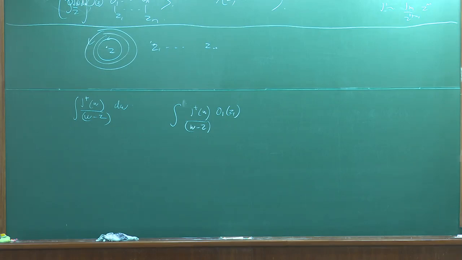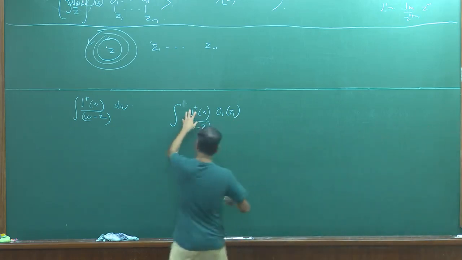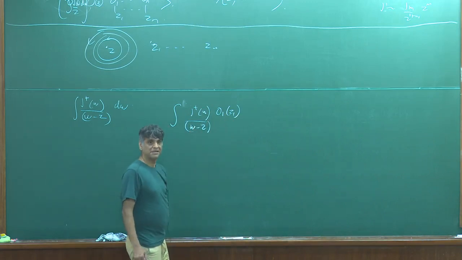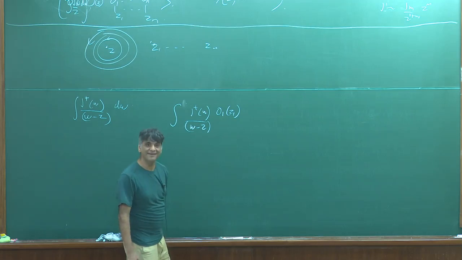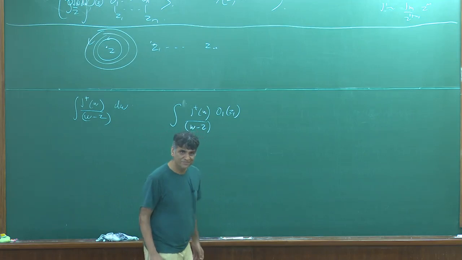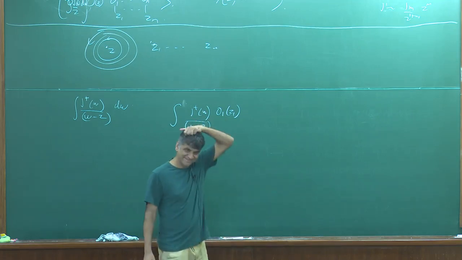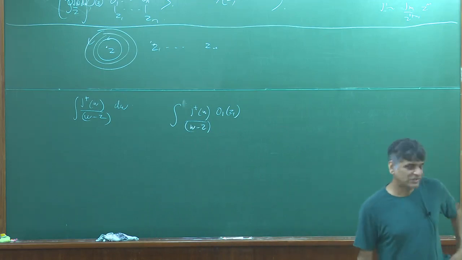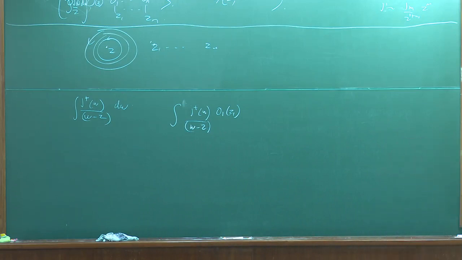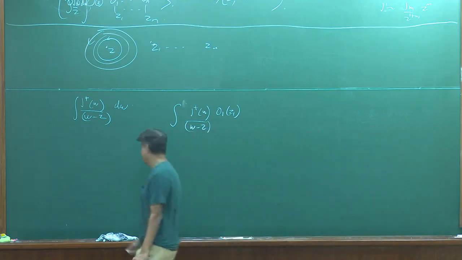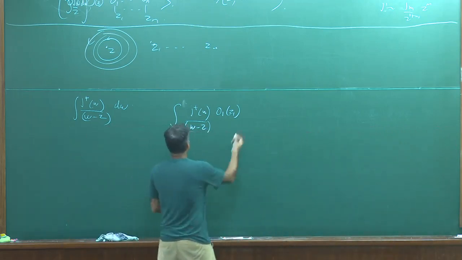So I take it around here, I act on this. Now this contour is surrounding Z1, so there's no singularity from the w over w minus z factor; the only singularity comes from the operator. Now let's assume that O1 is primary because that will help the analysis. Since O1 is primary, we know the structure of this OPE.